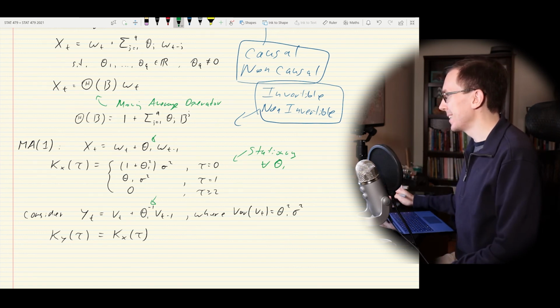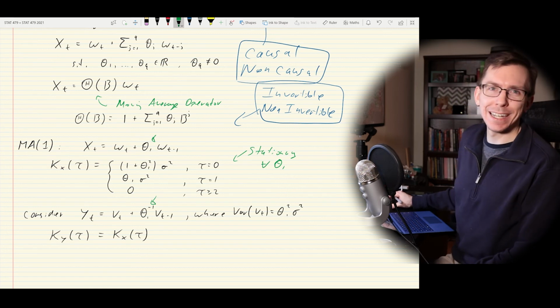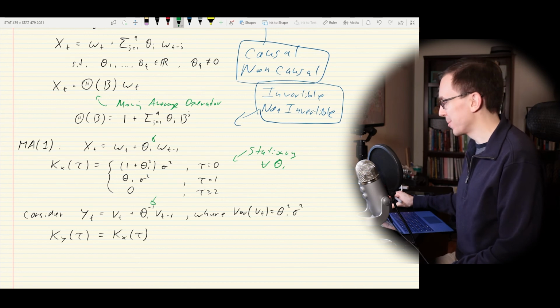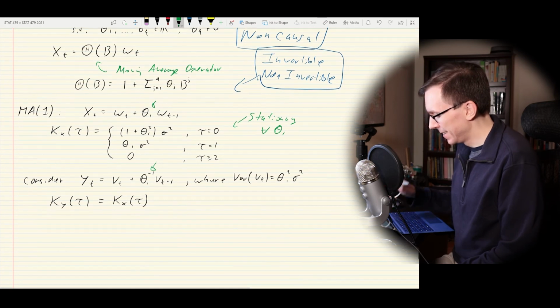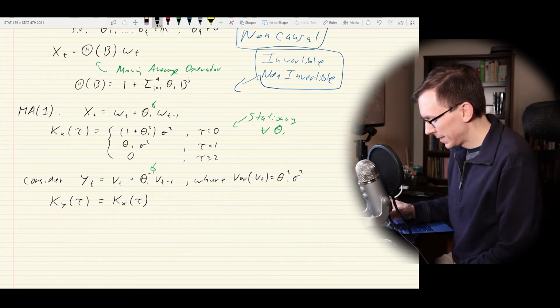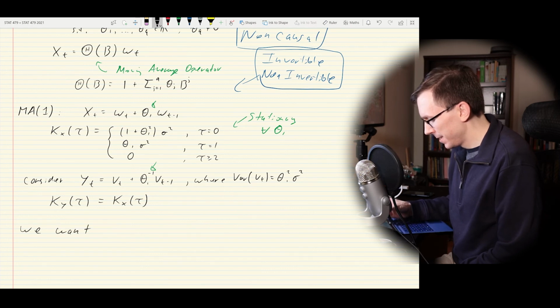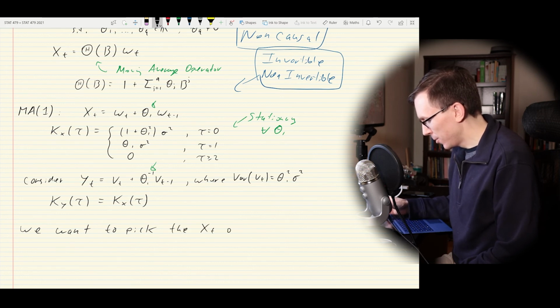So then the question is, well, what is invertible? It's going to basically do what we did for the AR process, but do it backwards. What I mean by that is that we want to pick the xt or yt that is invertible.